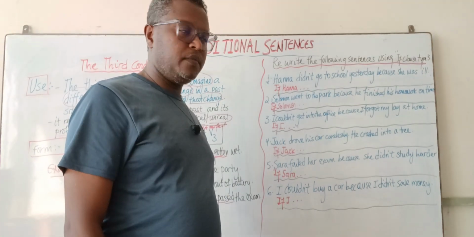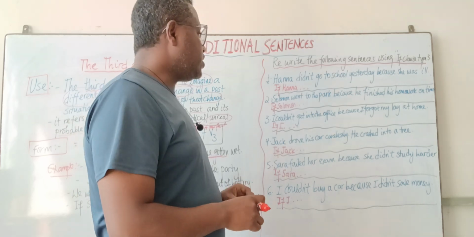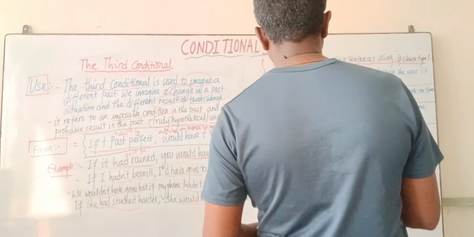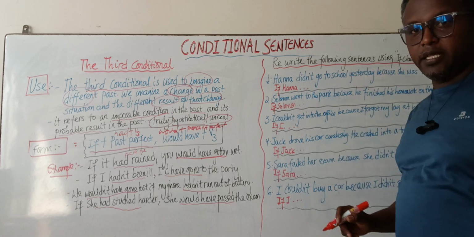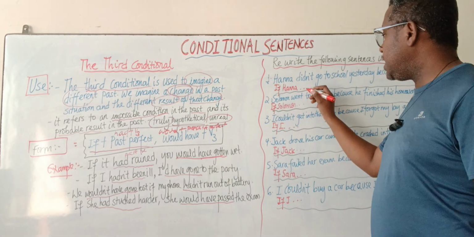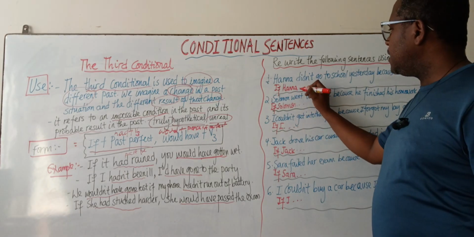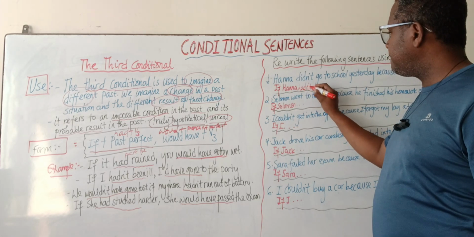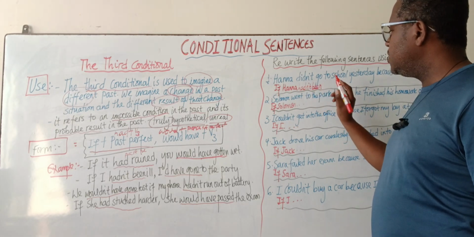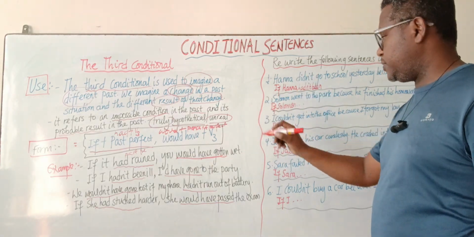All right, now we are back here. So let's do it together. Hannah didn't go to school yesterday because she was ill, right? So if Hannah hadn't been ill, because what we need in the if clause, don't forget, is past perfect.